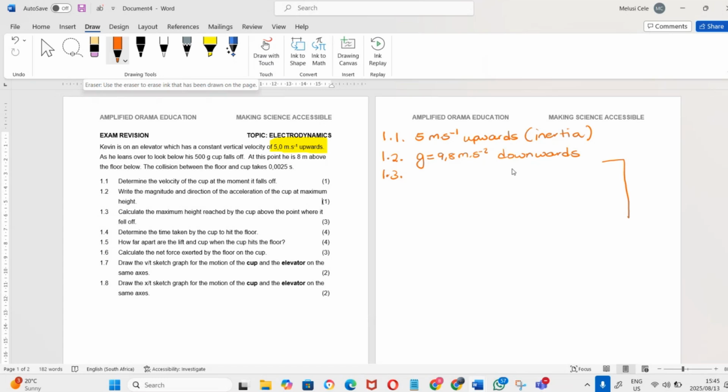So at this particular point, the elevator is 8 meters above the ground. So the ground is here, and this is where the cup is falling off.